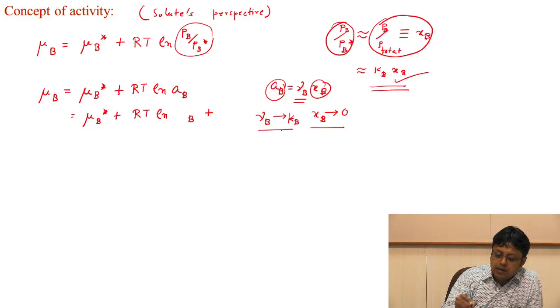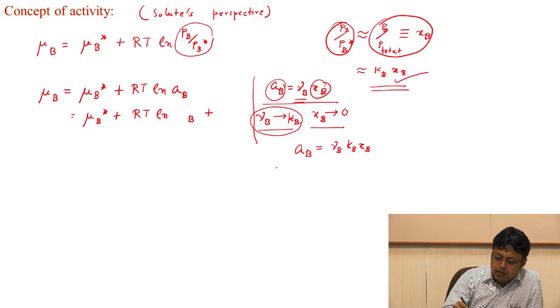Instead of writing gamma B tends to KB, I'll just write aB is equal to gamma B into KB into xB, so that when xB tends to 0 for an ideal dilute solution, gamma B tends to 1.